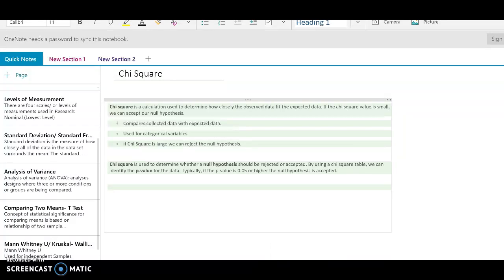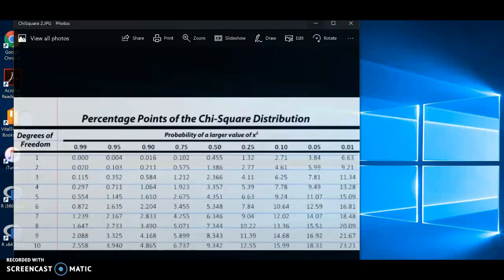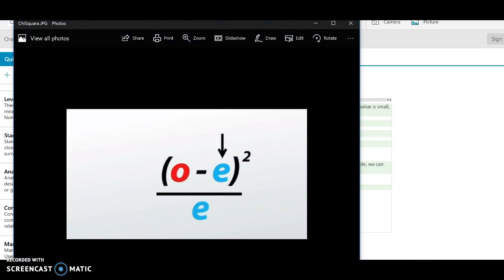So the formula for chi-square is observed data subtracted by the expected data, and then you square the results and divide it by the expected data in all categories.